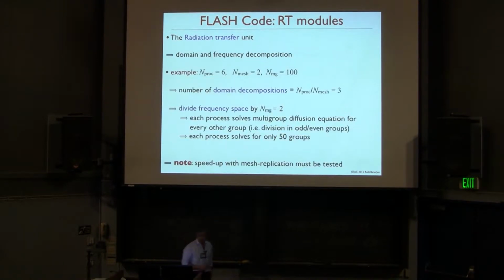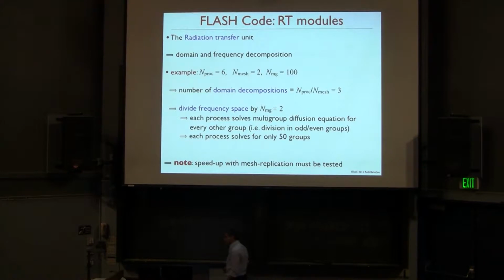Then for the domain decomposition, you divide your entire simulation box, so the spatial domains will be divided by 2, and you will have 3 spatial domains.